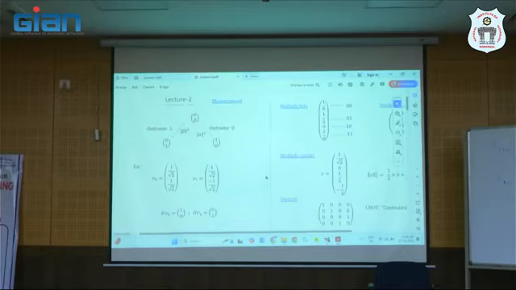Example. Now, let us say I have this qubit v0, 1 over square root 2, 1 over square root 2, and v1, 1 over square root 2, minus 1 over square root 2. If I measure v0, what will I get? I will get 0 with what probability? 1 by 2, agreed? I will get 1 with what probability?